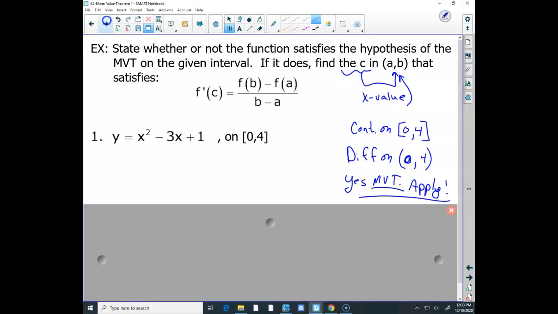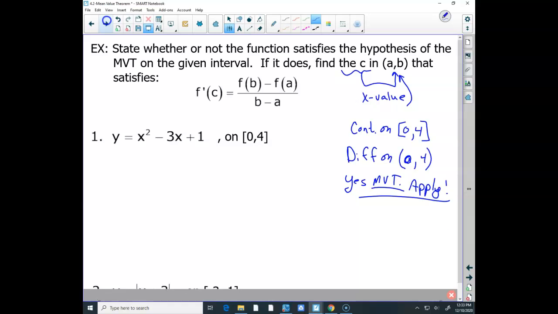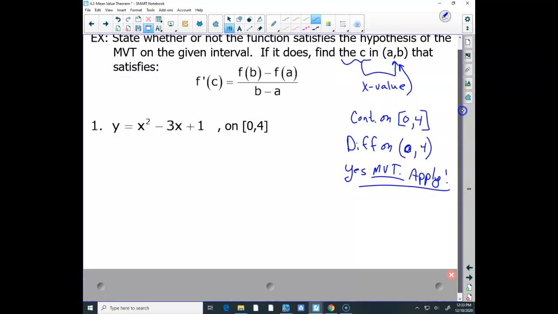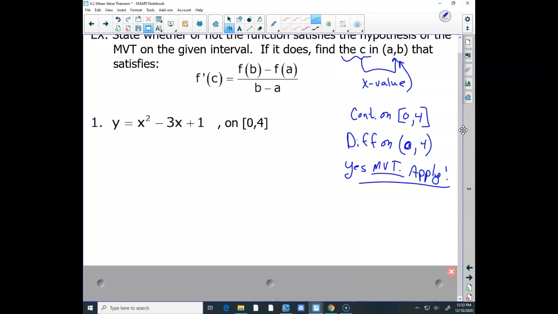So what we're going to do is, bottom line, find our AROC. I need a little bit more room. Okay, there we go. What is my AROC from 0 to 4? Well, that is basically y of 4 minus y of 0 over 4 minus 0.